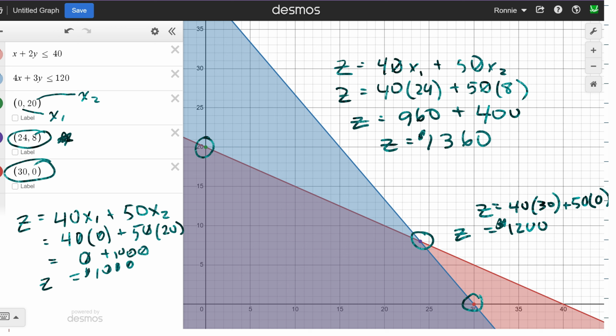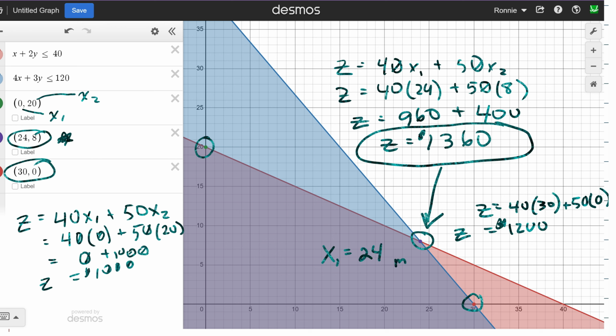So it looks like the optimum for maximization is that one right there, where x1 is 24. What was x1? X1 was bowls, so 24 bowls. And x2, for maximization, what was the x2 value? 8 for that point right there.